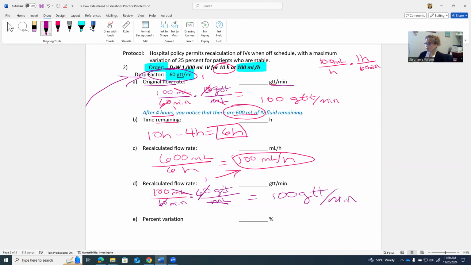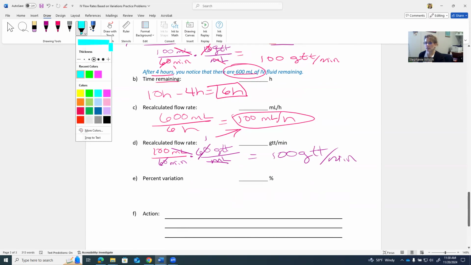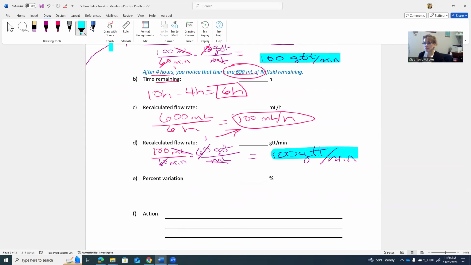All right, so now let's solve for the variation and then let's talk about its action. Our original is 100 drops per minute. Our adjusted is 100 drops per minute. Our formula is the adjusted minus the original, divided by the original, all times 100%.